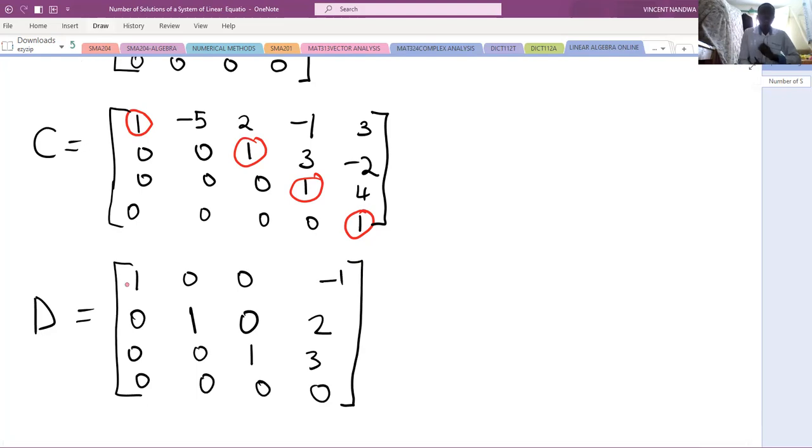Then this is also in row echelon form because you see these are the leading non-zero elements and they are ones, and it happens to have a row that has all the elements 0, so it's placed at the bottom.